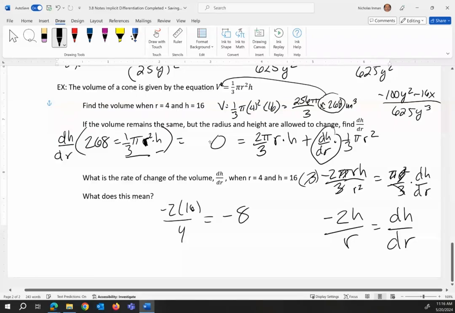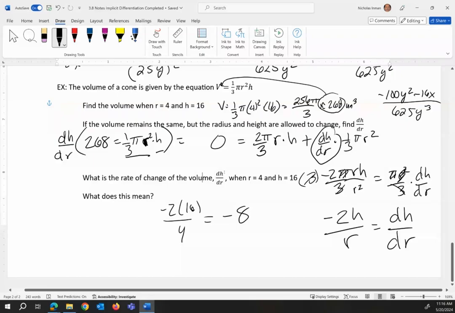Which means as our equations are changing here, if the volume has to stay the same, I'm sorry, the rate of change of the volume, that doesn't make sense. That shouldn't be of the volume. Find the rate of change when r is 4 and h is 16.